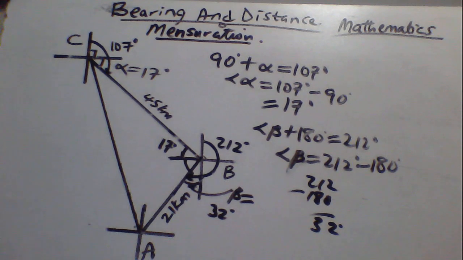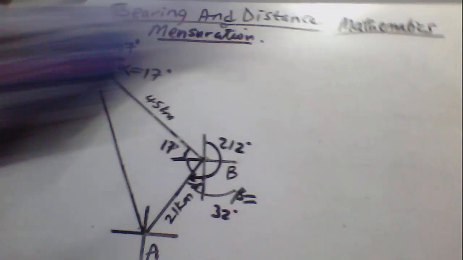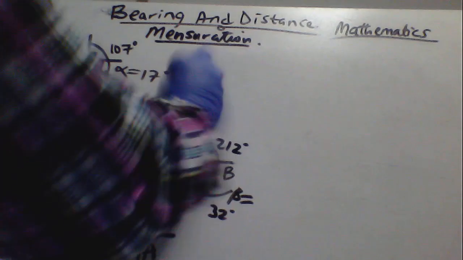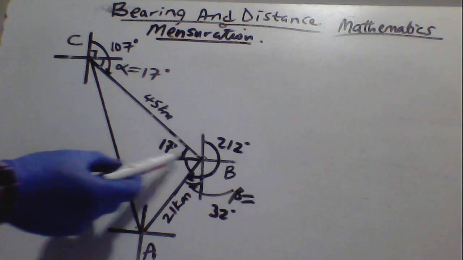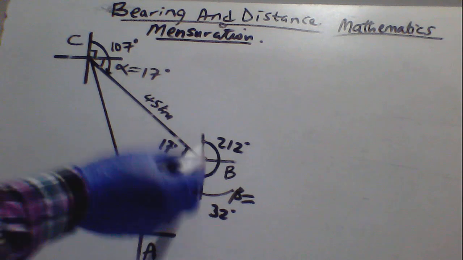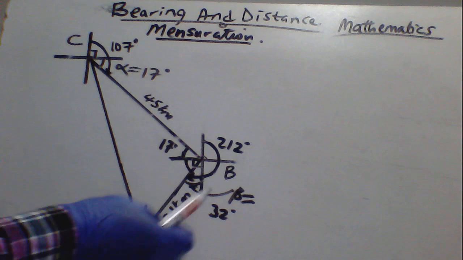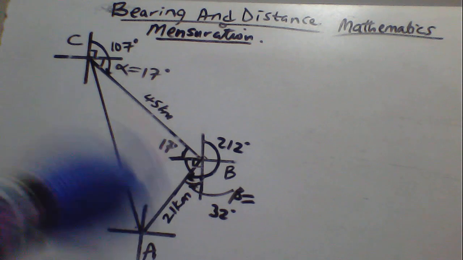Now you have gotten angle beta and you have also gotten angle alpha. So what is the next thing? Looking at the diagram, what is the next thing you have to do? We need to find this angle here. Notice that all the angles in this box are equal to 90 degrees. So we don't know the angle that is here, but if we subtract this 32 degrees from the 90 degrees, we get this angle.